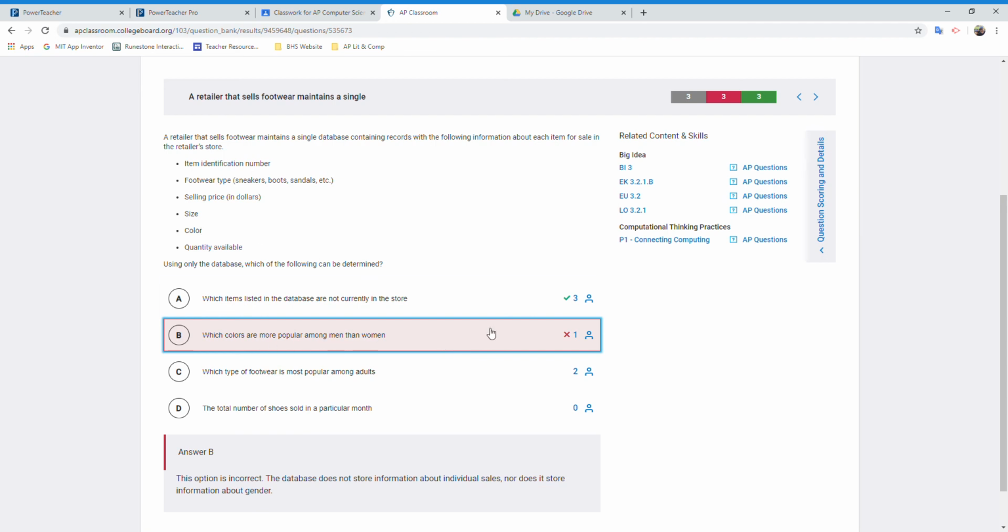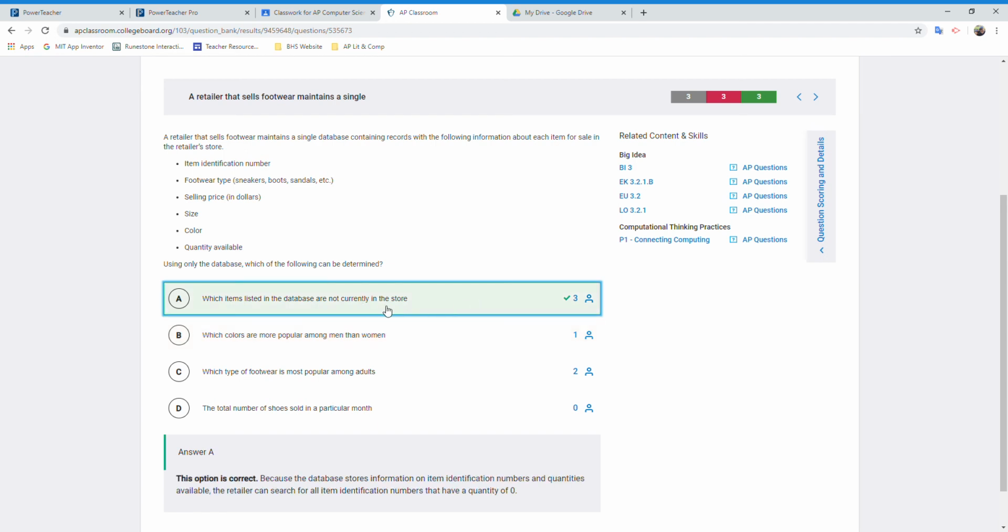Well, I do collect the color, but I don't collect the gender. So I don't know who's buying what. I can't connect that a color is popular amongst women. I can collect the information as to whether a color is popular, but not whether it's popular amongst women. Down here, which items are listed in the database that are currently not in the store? Absolutely. Whatever I've got in my database, I can check their inventory against their store, and it'll give me a dead-on number on that.